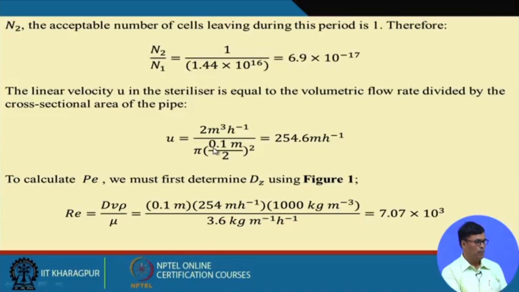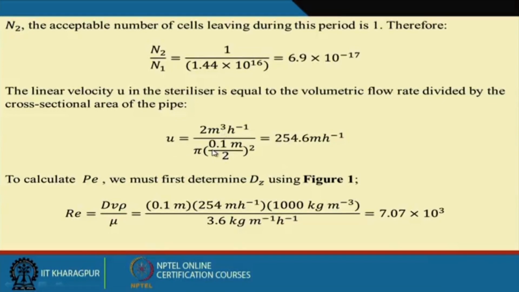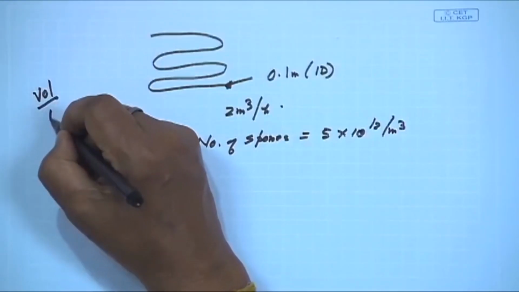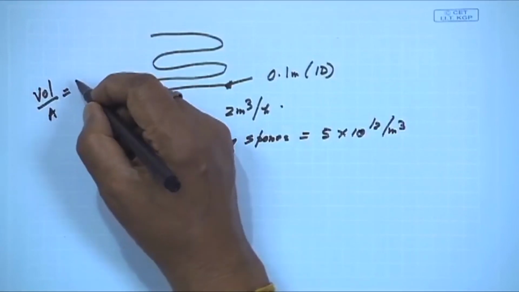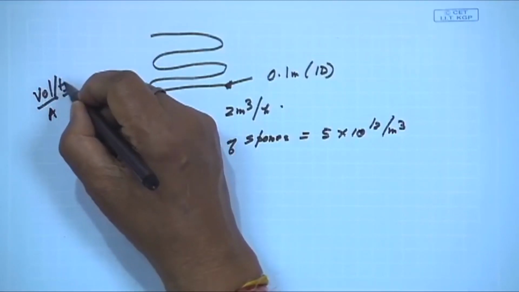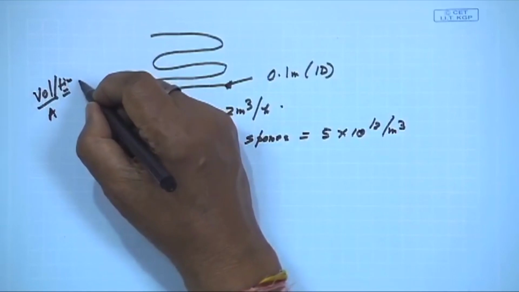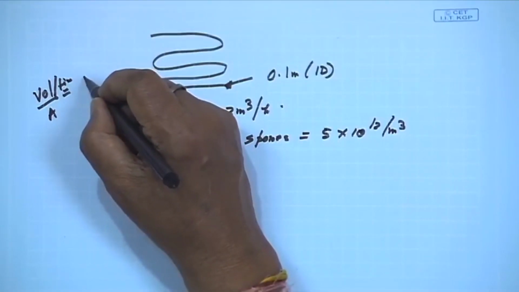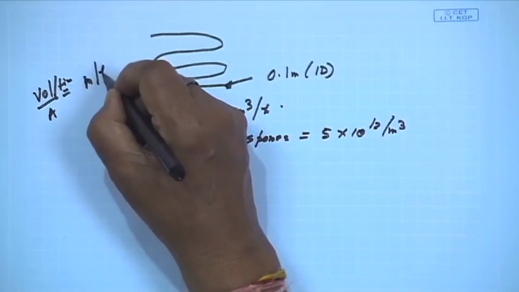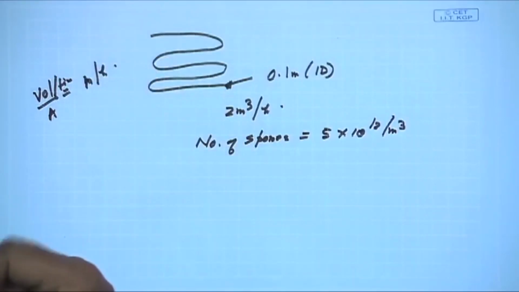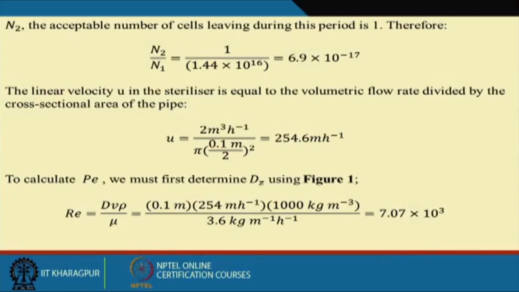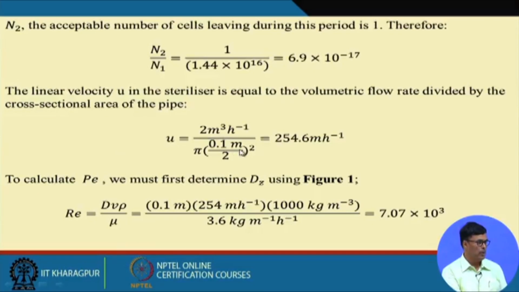Now if you divide flow rate, which is volume per unit time, by cross sectional area, you will get length per hour. That is meter cubed divided by meter square, so this will be meter per hour. So velocity you can easily find out.